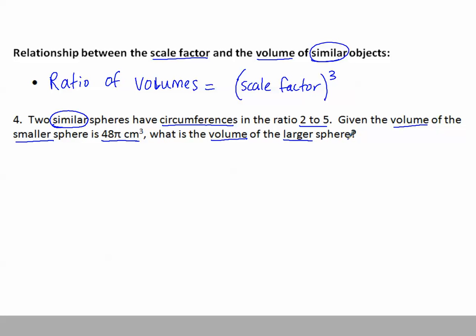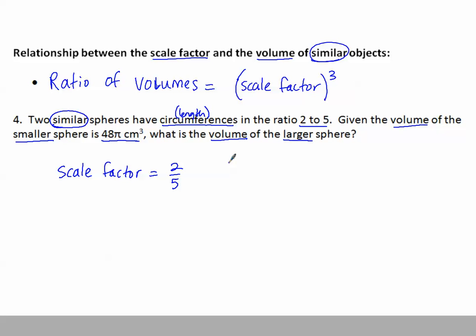A sphere is a ball, but it doesn't matter. We can still do this without knowing that. That they're similar is very important. That we're given circumferences. Circumference is a length. That's very important. And that ratio is 2 to 5. So our scale factor is 2 to 5. That's the ratio of the lengths, the circumferences.